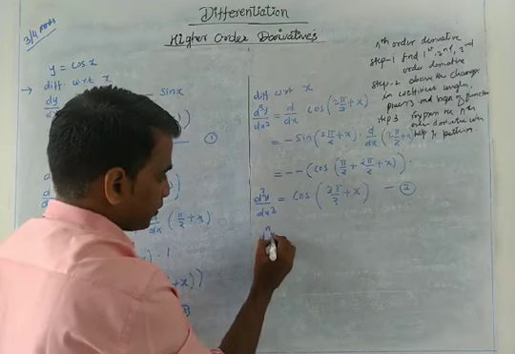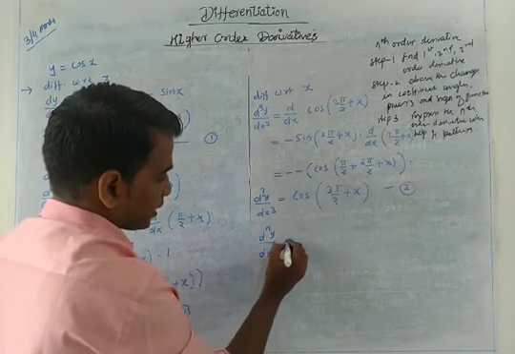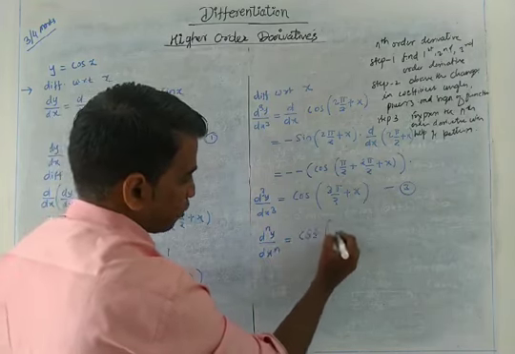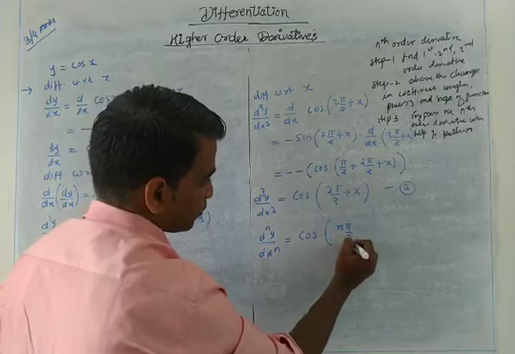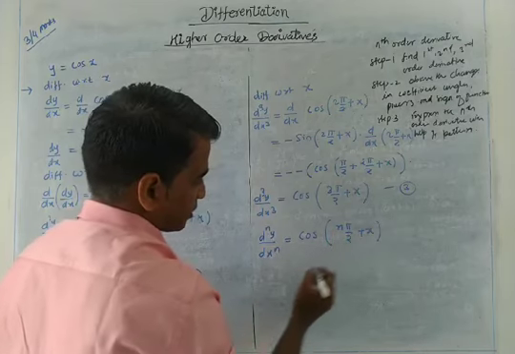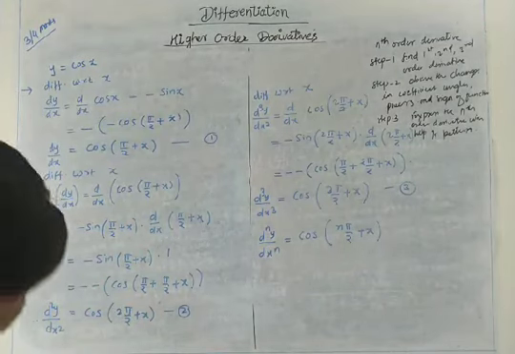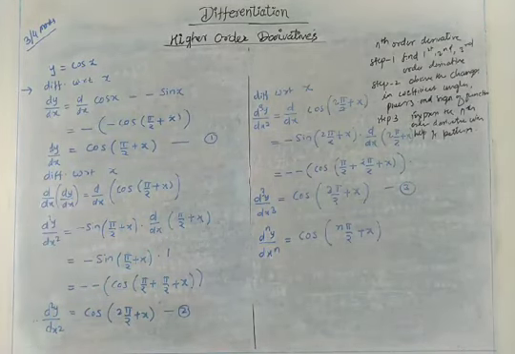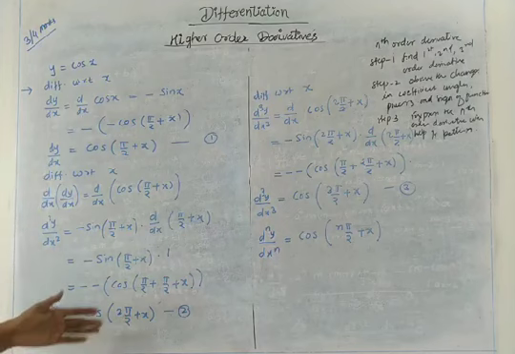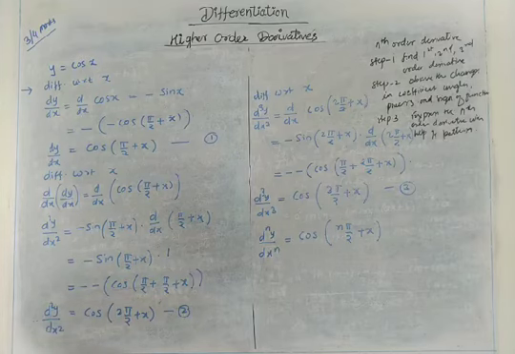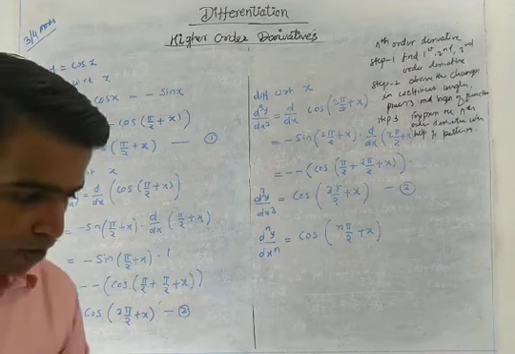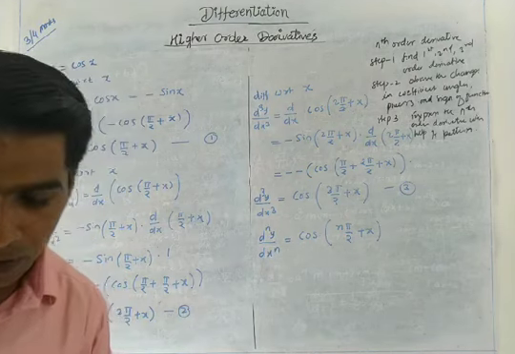So d raised to n y upon dx raised to n can be written as cos of n pi by 2 plus x. Okay, this is the way you are going to find the nth order derivative, observing the first order, second order and third order derivative for the pattern. That pattern we are going to apply for the nth order derivative. Get that? So see those examples properly.